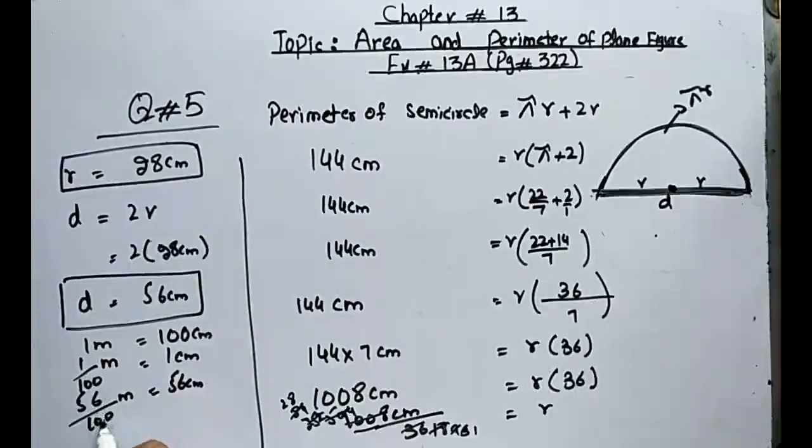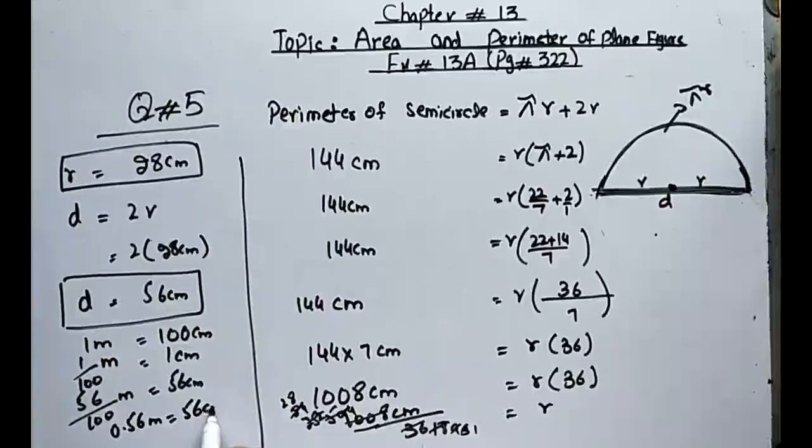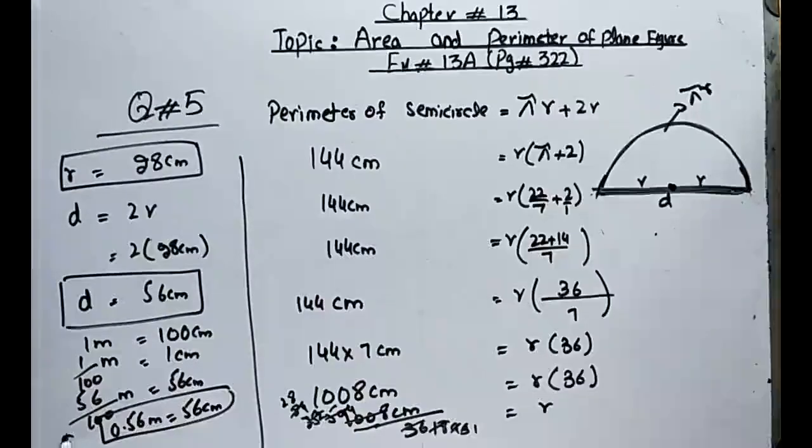According to the division rule, there are how many 0s in the denominator? 2. It means the point will lie after 2 digits, counting from the right side. So 0.56 meter is equal to 56 centimeter. So D is equal to 0.56 meter, and this is your final answer.